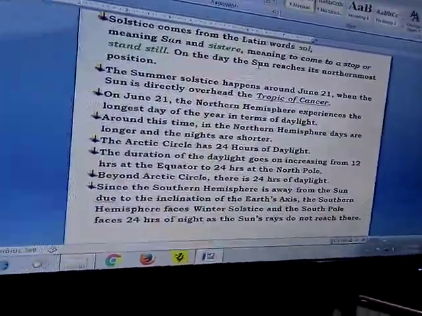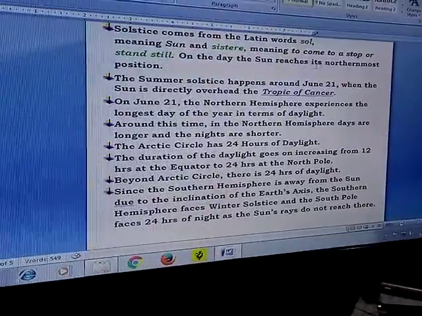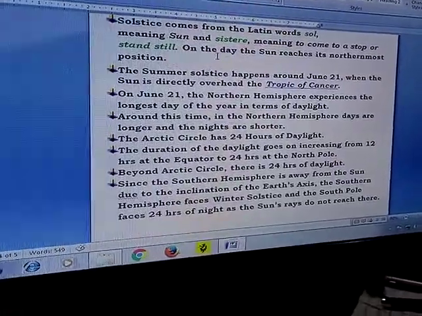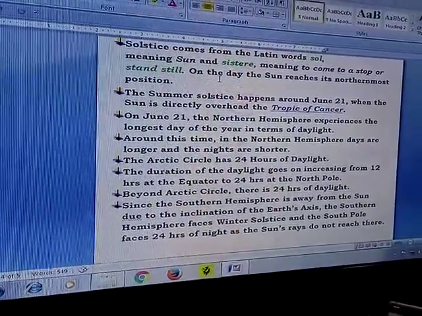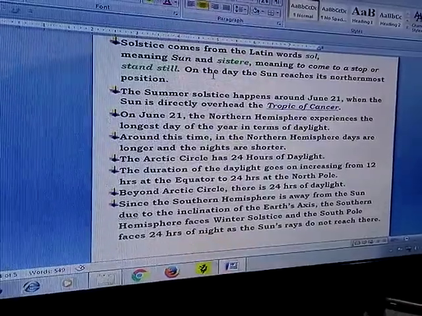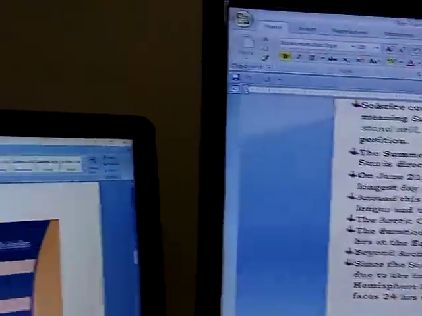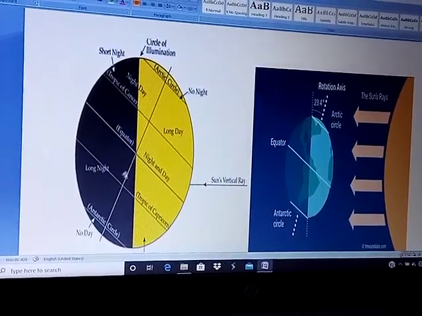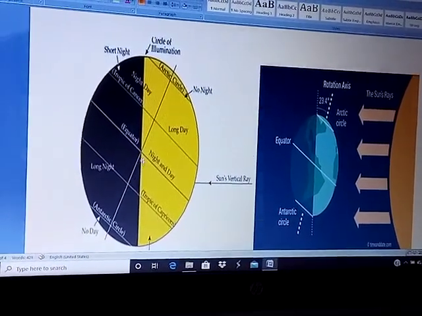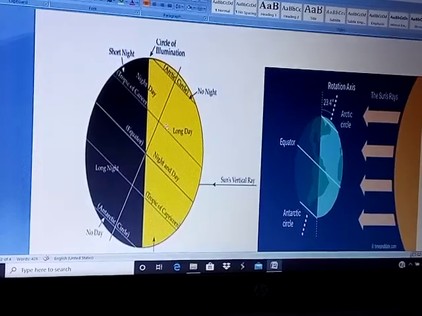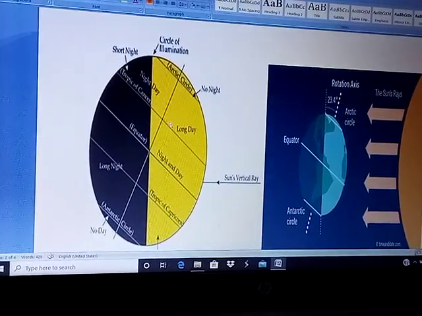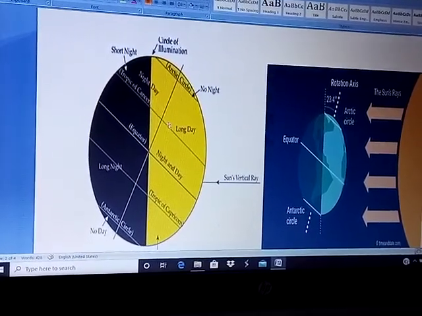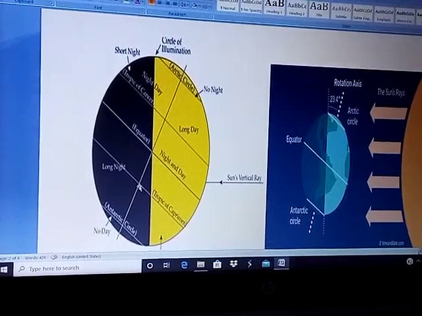On this day the sun reaches its northernmost position, the summer solstice, because the sun travels from the Tropic of Capricorn to the Tropic of Cancer, and again goes back from the Tropic of Cancer to the Tropic of Capricorn.